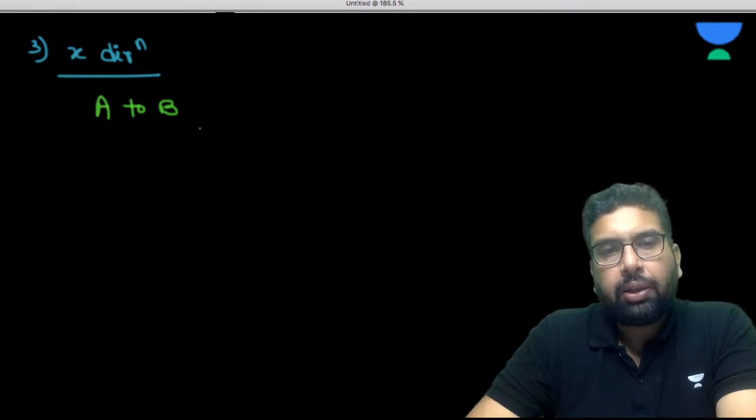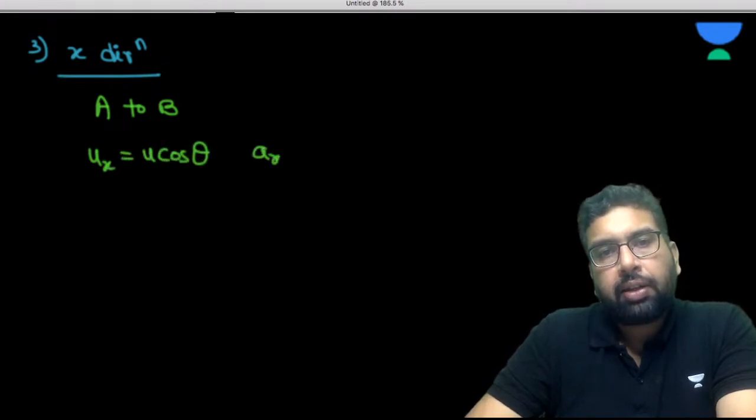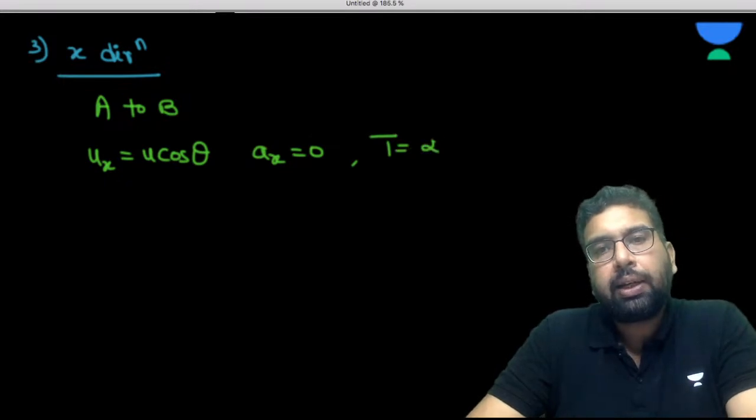So I want to find the range. Now what is the information I am having? If I am seeing in the x direction, ux is equal to u cos theta. What is the acceleration in x direction? This is going to be 0. Time we have already calculated, 2u sine theta upon g.